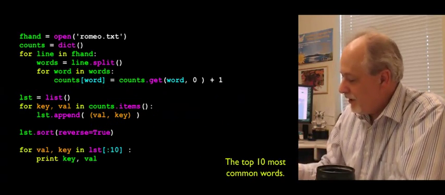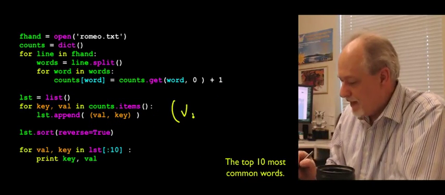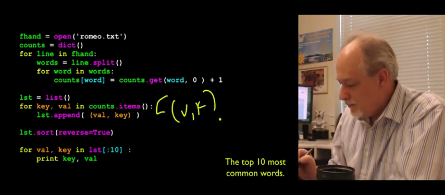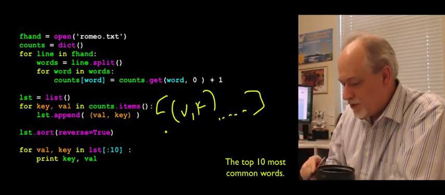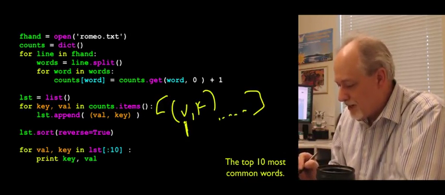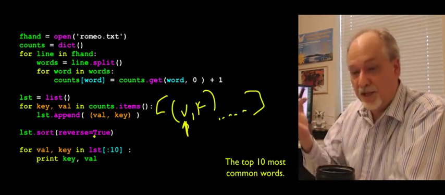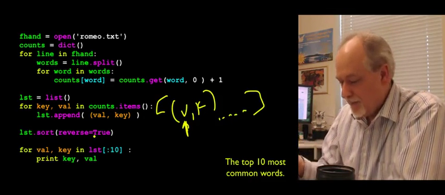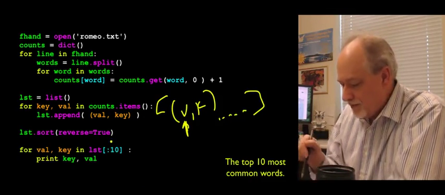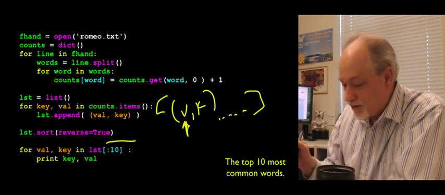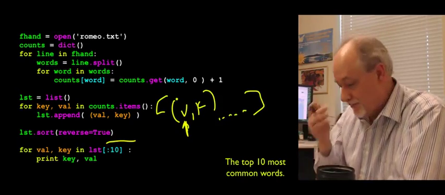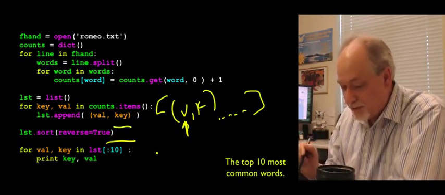Now that we have a list that's value comma key, we are just going to sort it, because now it's going to sort based on the first thing in that tuple, and we're going to reverse it so the biggest values are near the top. And so when we're all done, this is going to be a list, except it's going to be sorted based on the value. So that's just one step to sort it.